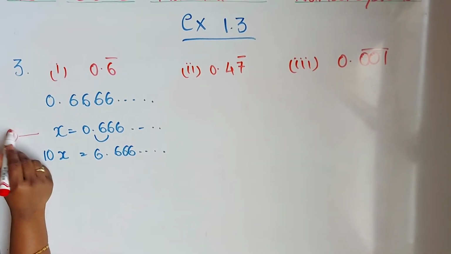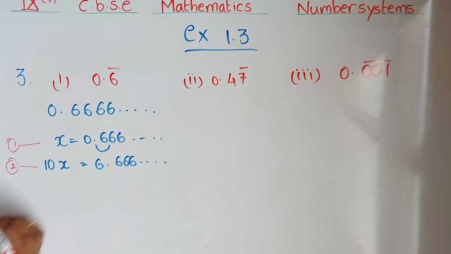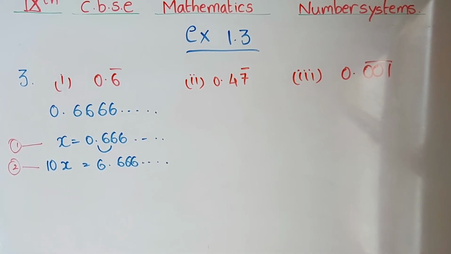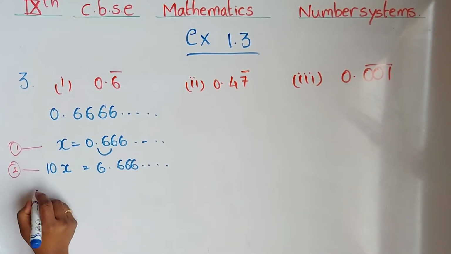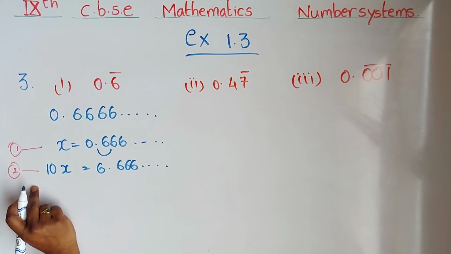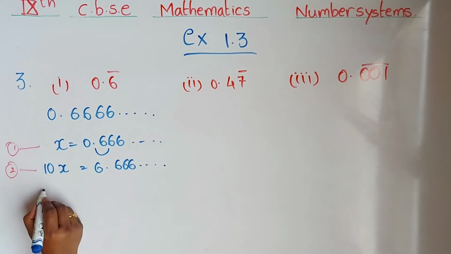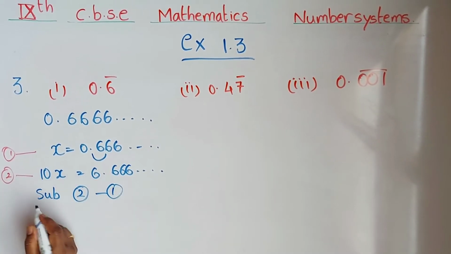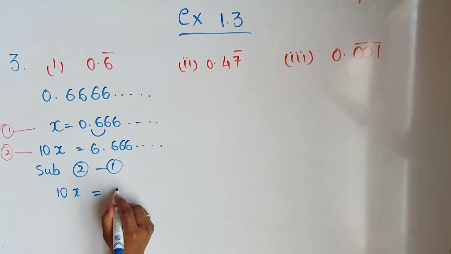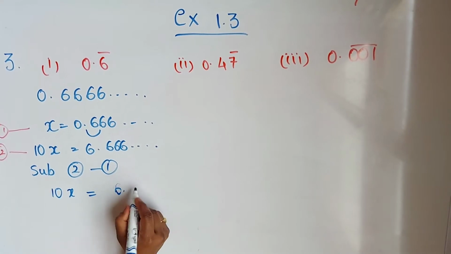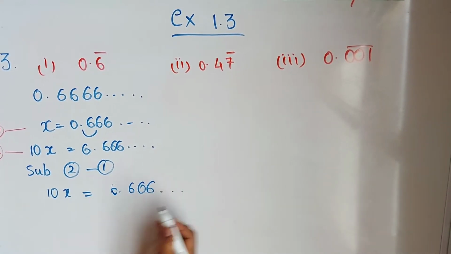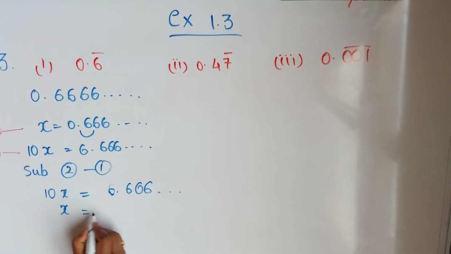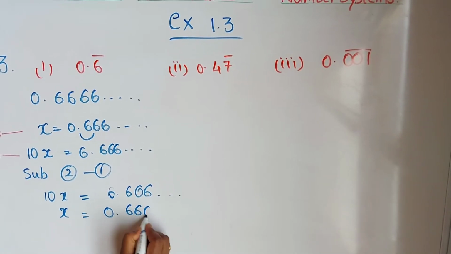Now this is the first statement, this is the second statement. We got the 10x value and the x value. Subtract the first statement from the second statement, that is subtract 2 minus 1. That means 10x equal to 6.666 and so on. x value equal to 0.666 and so on.